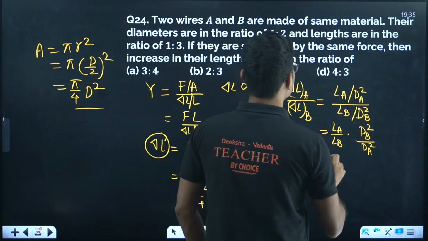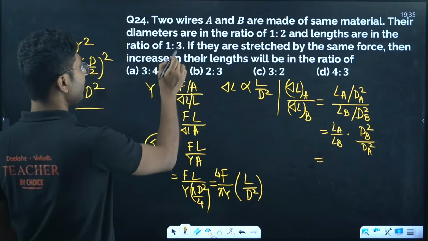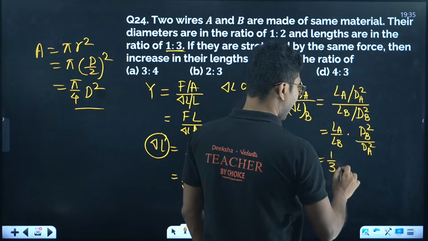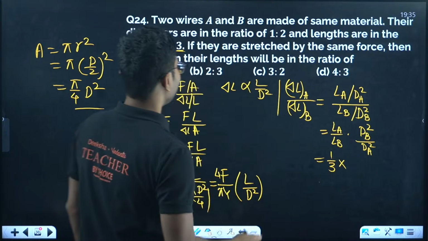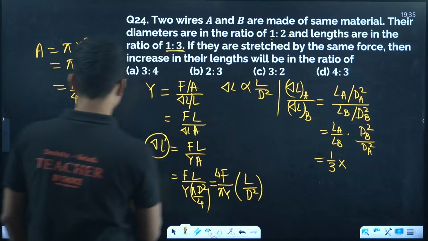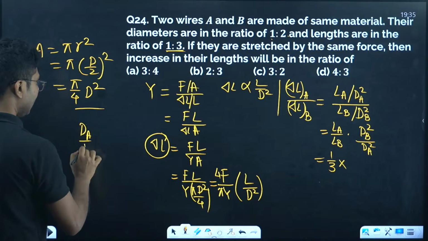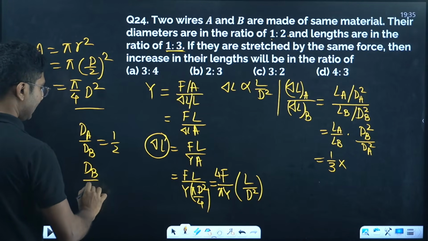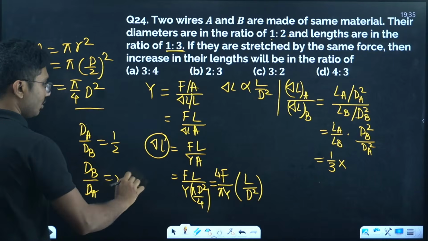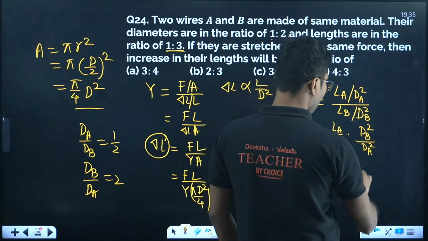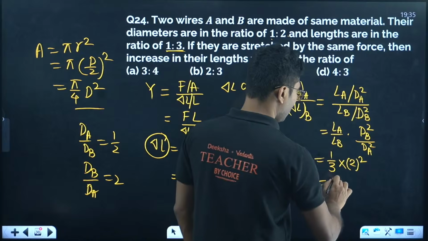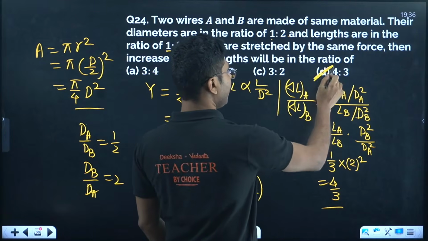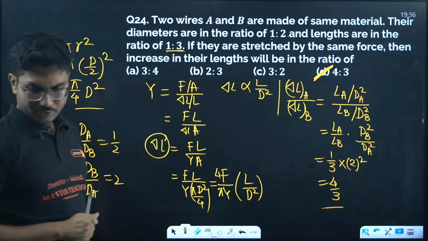Now if you read the question, the ratio of lengths is given as 1:3, so the ratio will be 1/3, and the ratio of the diameters is 1:2. So DA by DB is 1/2, so DB by DA is 2. So here it will be 1/3 into 2 square, that is 4/3. So the correct answer is 4:3.